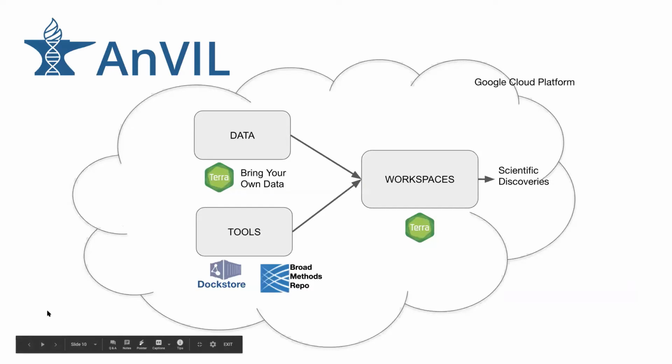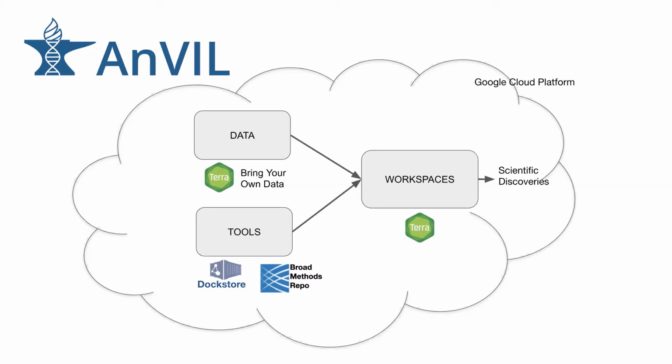So just to visualize this a little bit more, in the AnVIL platform, what we're trying to provide is that you have your data. It can either be in the cloud, and it might be hosted in something like Terra, where a lot of current AnVIL data is, or you might bring your own data. And then you'll need tools to analyze that data, which can come from platforms like Dockstore or the Broad Methods Repository.